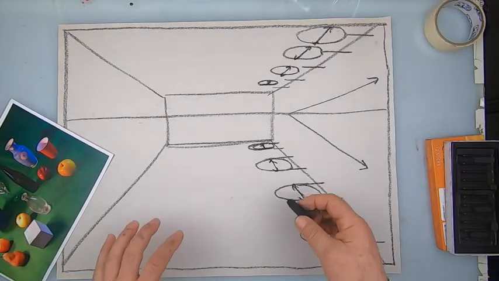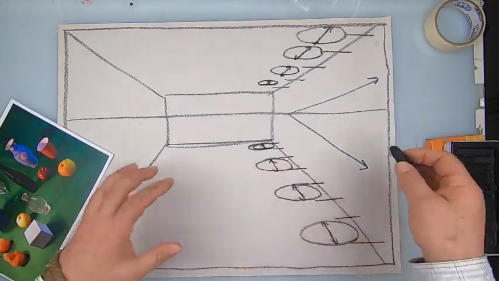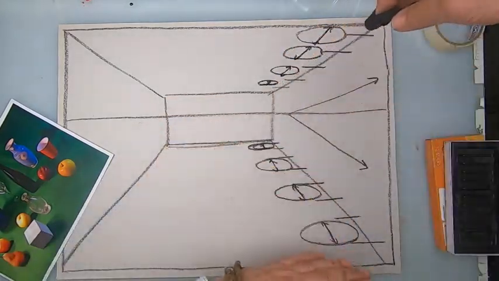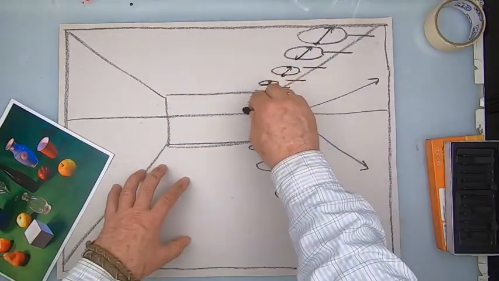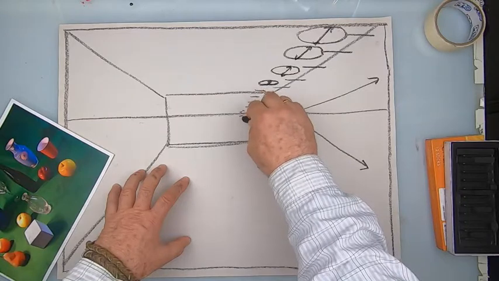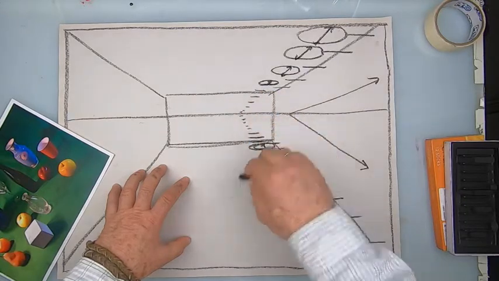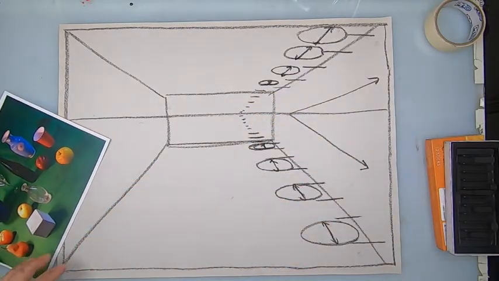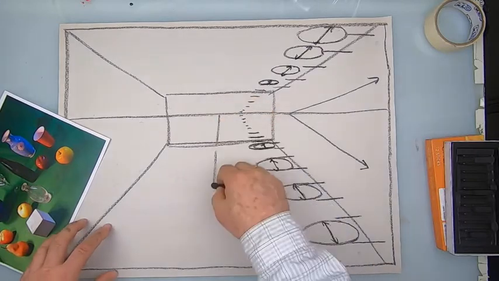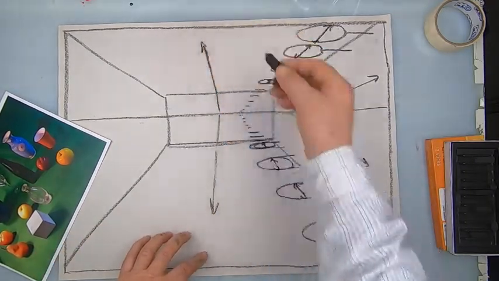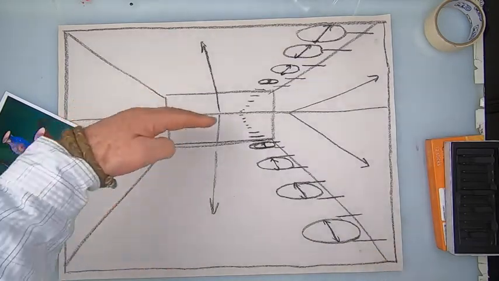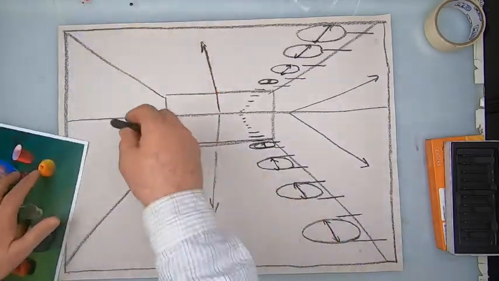So the idea is that everything opens up as it goes back into space all the way to infinity. Everything's moving towards us, above our line of sight and below our line of sight.